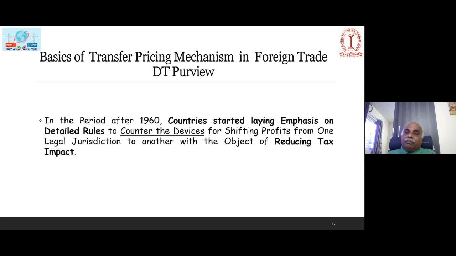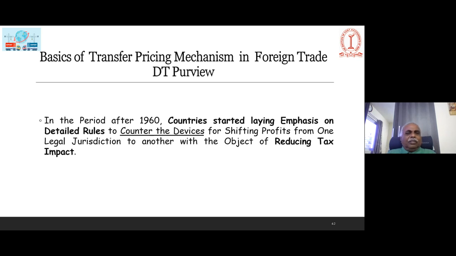In the period of 1960, countries started laying emphasis on detailed rules. They counter the device of shifting profits from one jurisdiction to another, reducing the tax impact.